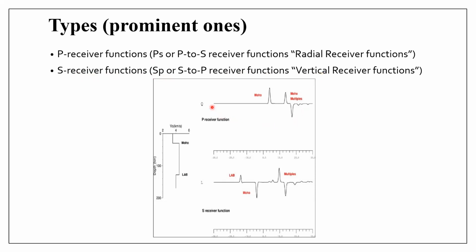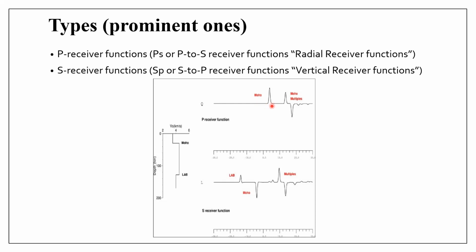So these are the typical diagrams of the receiver function. This one that you are seeing is the P wave receiver function, and this is the S wave receiver function. In the P wave receiver functions, the converted phases and the multiples come after the direct phase, because the S wave velocity is slower than the direct P wave velocity, so the converted phases will come after the direct P wave.